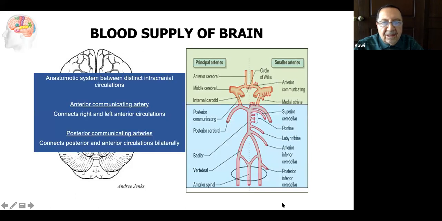And there is, at the base of the brain, anastomosis at the level of the circle of Willis. Not everybody has a complete circle of Willis that connects all the blood supply to the brain. Sometimes one or more of the communicating arteries is either missing or hypoplastic.